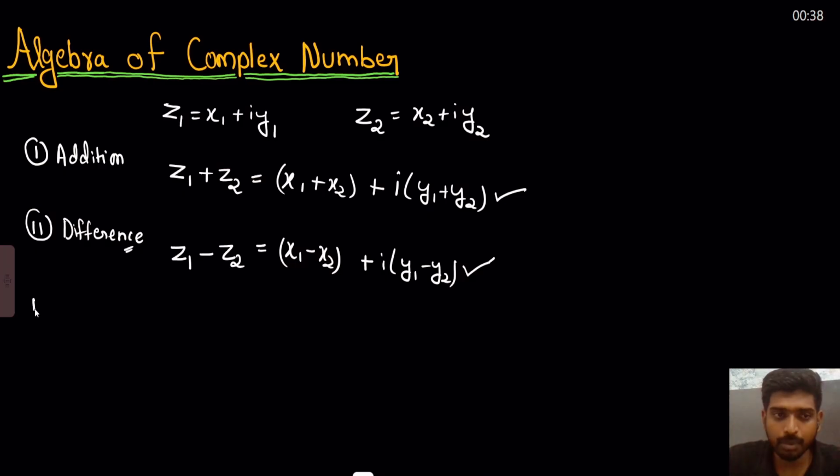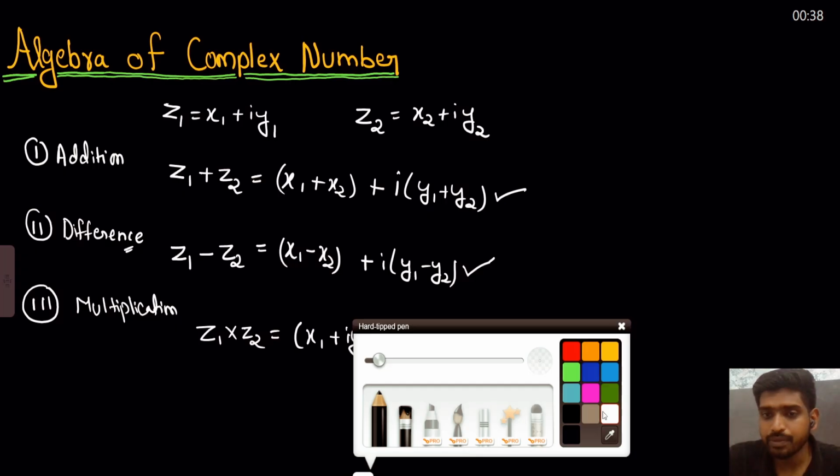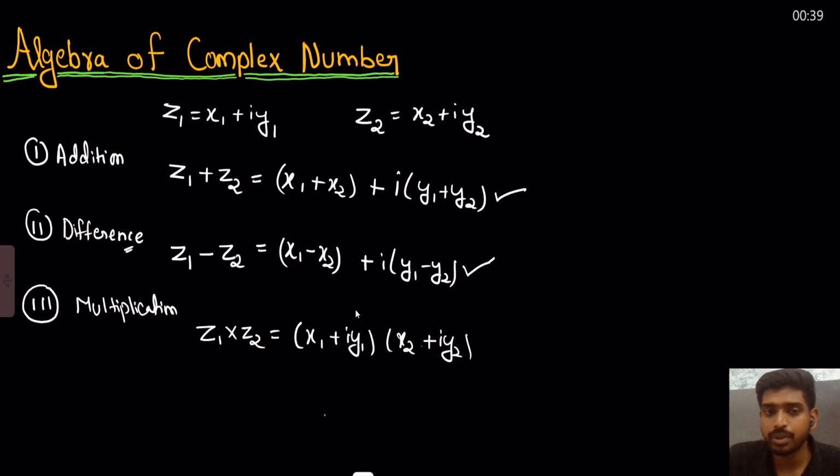Now next, the third operation is multiplication. Suppose I write z1 into z2. How to multiply the two complex numbers z1 and z2? For that, first I will write the complex numbers x1 plus iota y1 and x2 plus iota y2. Here multiplication we will do the same as we used to do with polynomials.